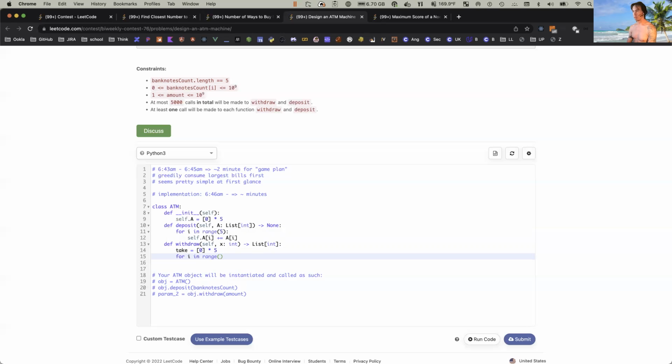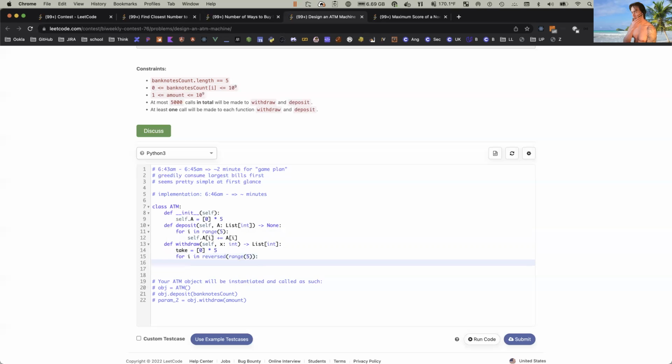I want to reverse this, right? Does that work? I don't know. I don't think it does, no. I want to go 5 down to 0 non-inclusive, right? I don't know. 5 down to 0 non-inclusive.